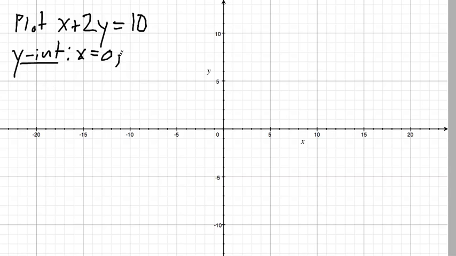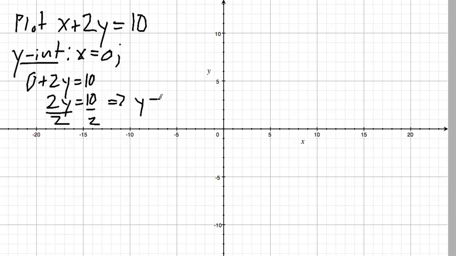And that means that we're left with 0 plus 2y is equal to 10, or 2y is equal to 10. And dividing both sides by 2, that leaves me with y is equal to 5. So this is my y-intercept right here at 5.